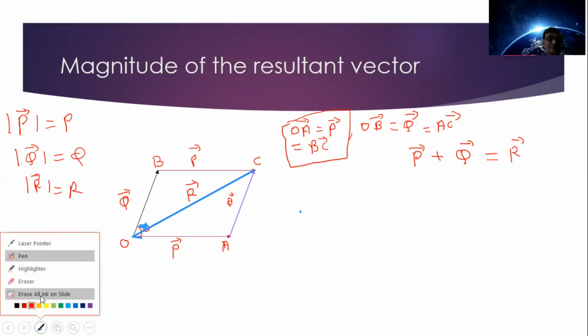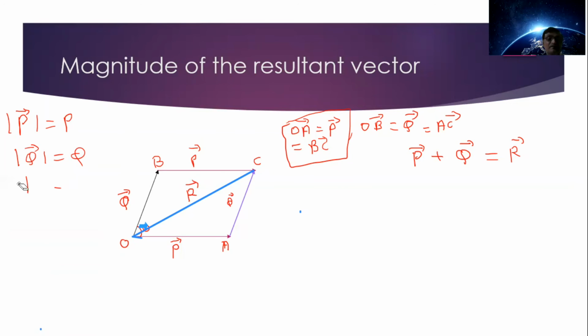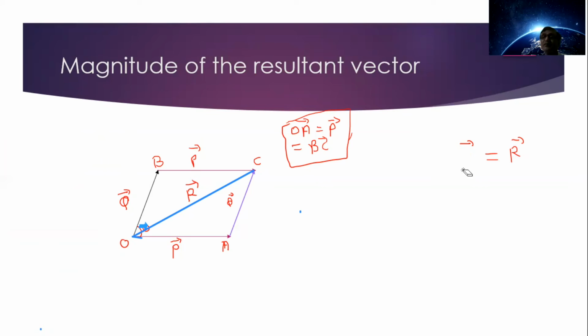Now we can draw the perpendicular from C to OA produced.